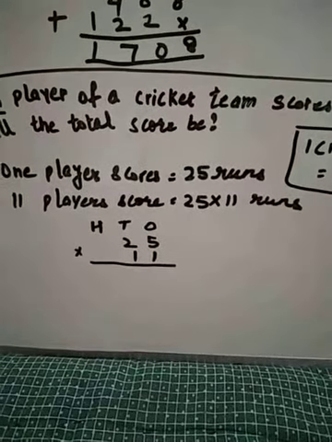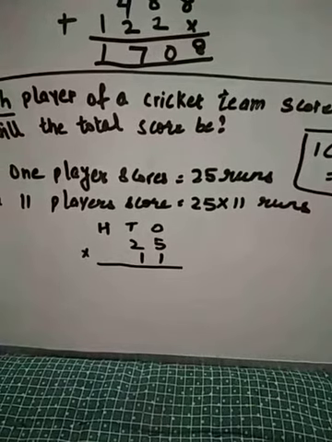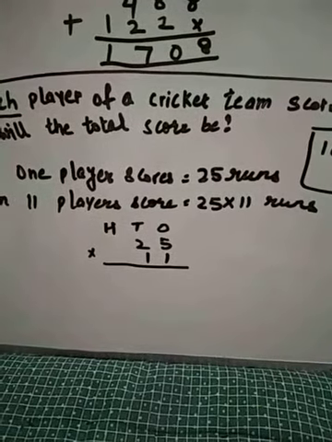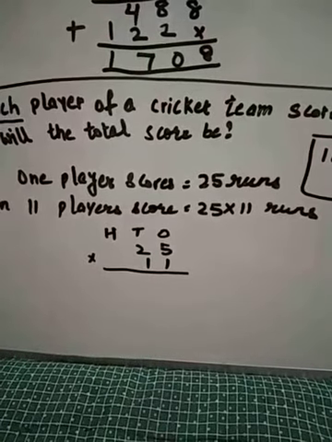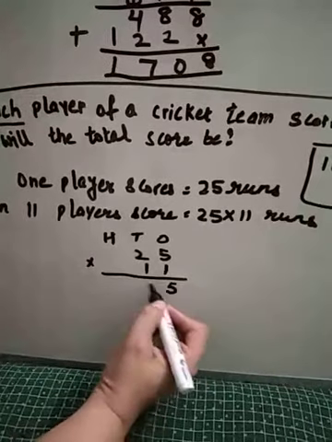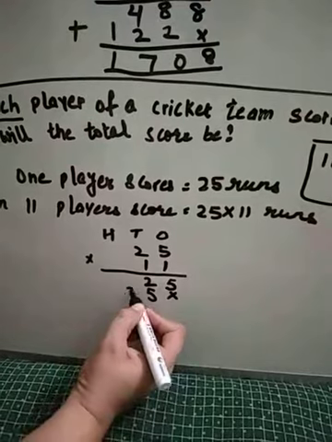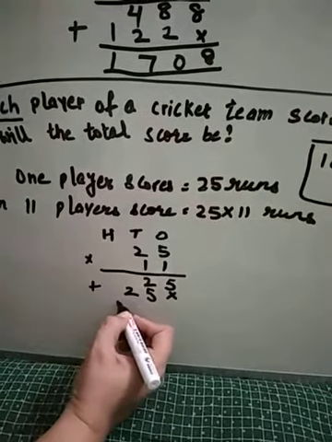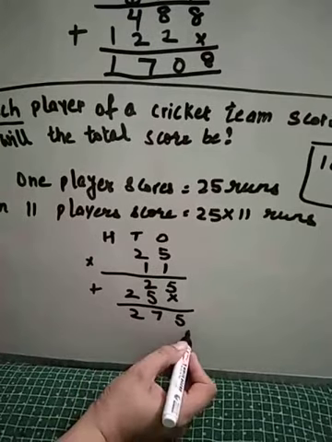Now I hope you have understood. So I will do the multiplication. First I have put the statement, places 1, 10, 100, 25 and 11. So I will do the multiplication here. 1 five is 5, 1 two is 2, cross. 1 five is 5, 1 two is 2, plus 5, 7, 2.